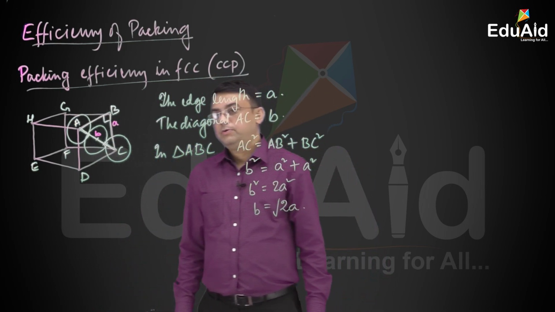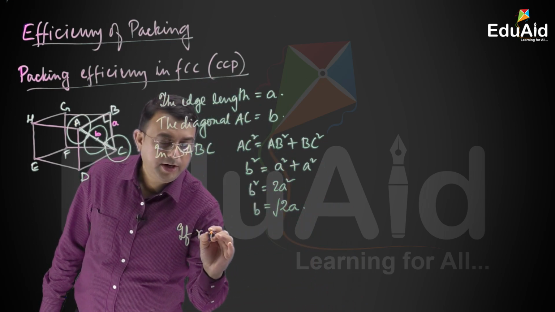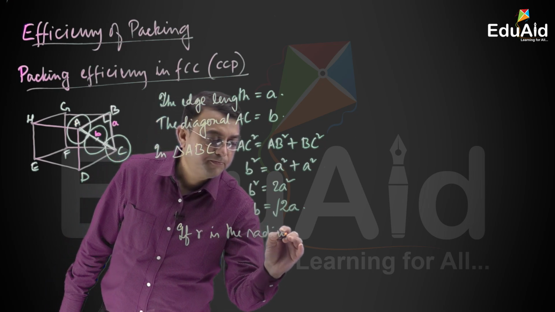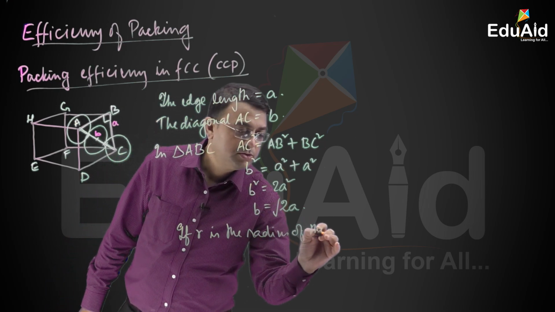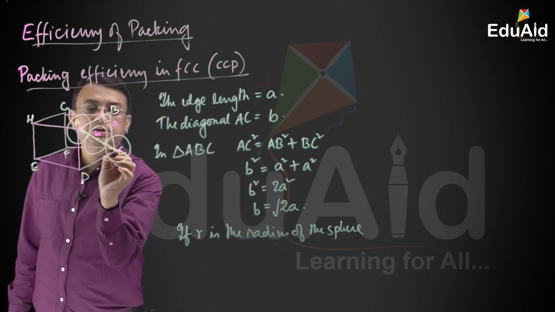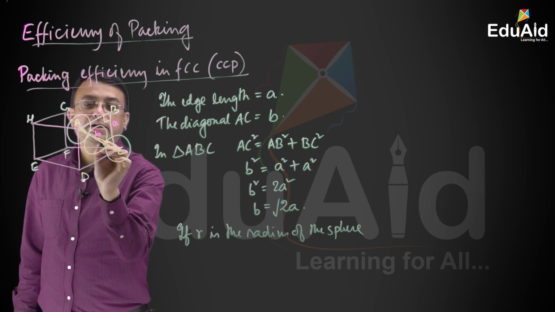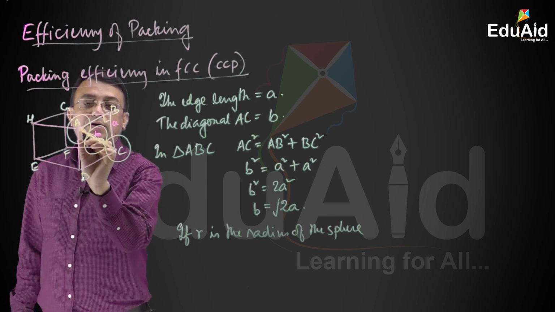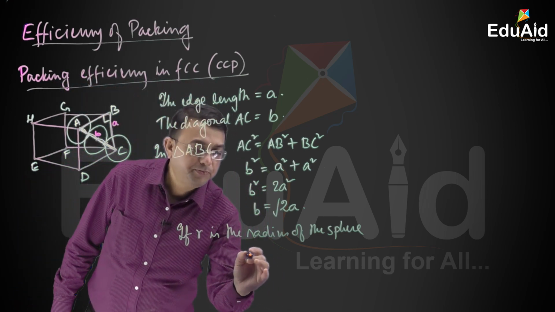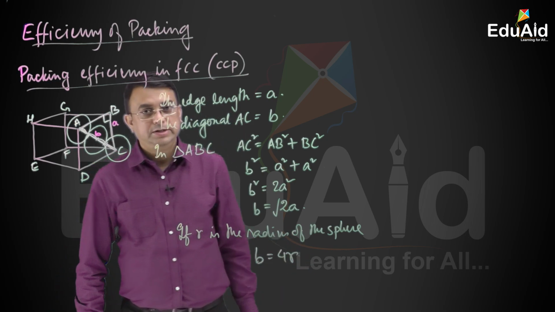Now if we look at it from another point of view, if r is the radius of the sphere, how many radii are there in this b? How many radii are there? 1, 2, 3, 4. চাৰিটা ব্যাসাৰ্ধ আমি পাও, so that is why b equal to 4r. Is it clear?